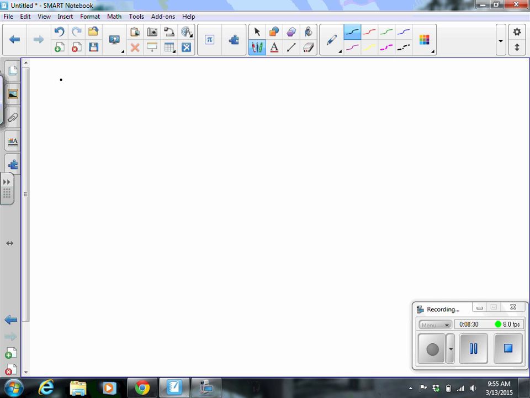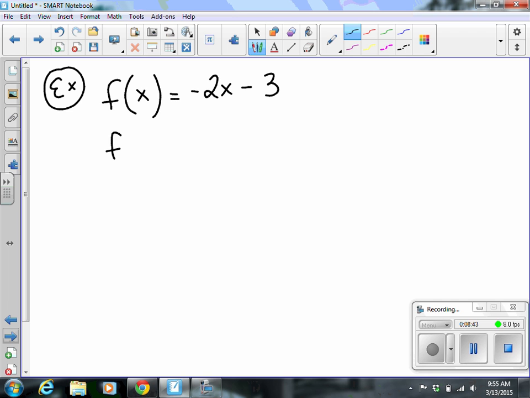All right. So for you guys, your function is negative 2x minus 3. And I want you to find f of negative 1. All right, so f of negative 1, I'm going to plug that right into my x spot.